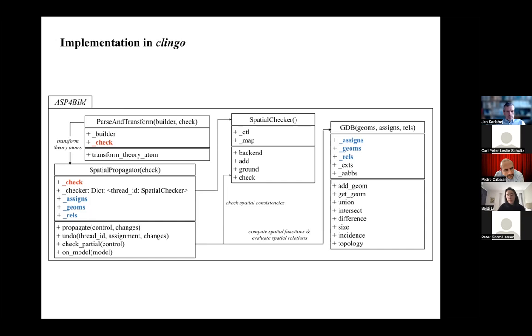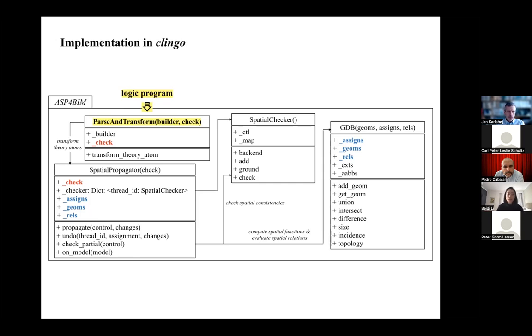ASP for BIM is a modified ground-and-solve program, which means that compared to the traditional Clingo, ASP for BIM couples Clingo with spatial services, so the logic program talks dynamically with external data entries and computations.